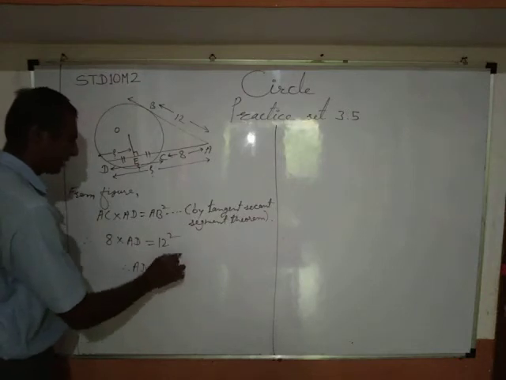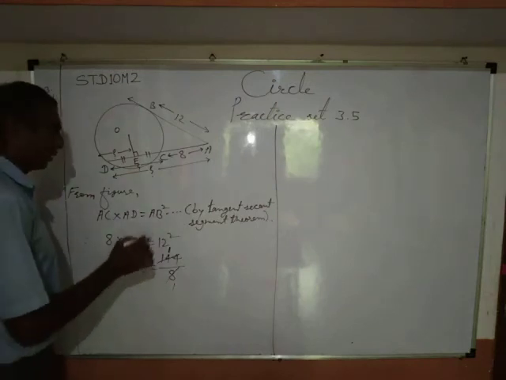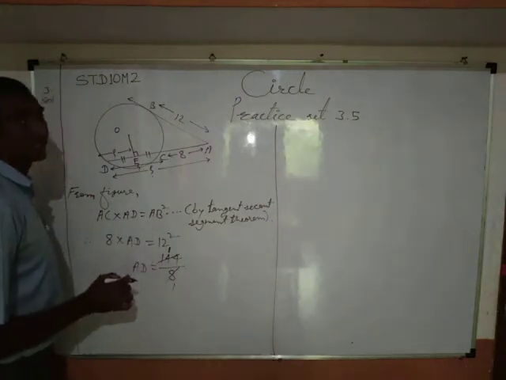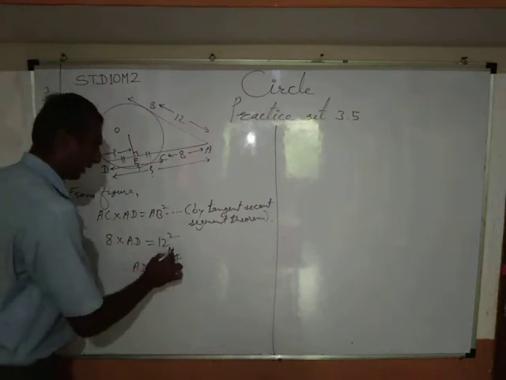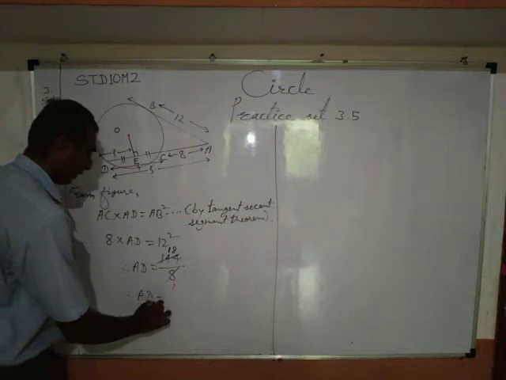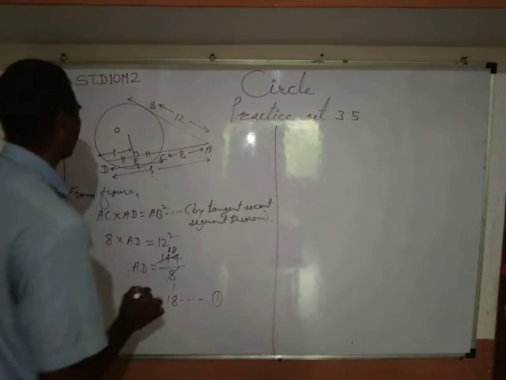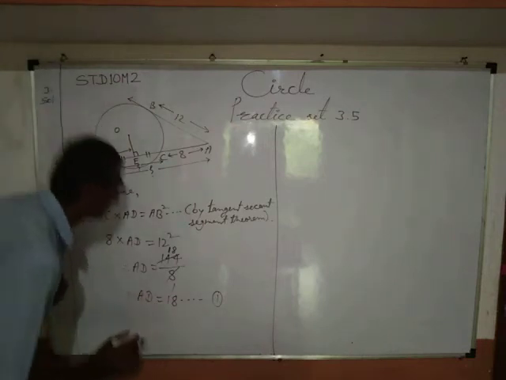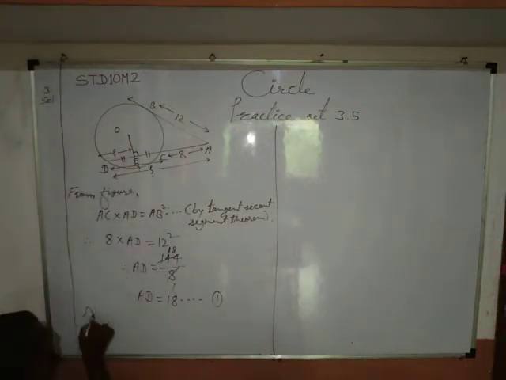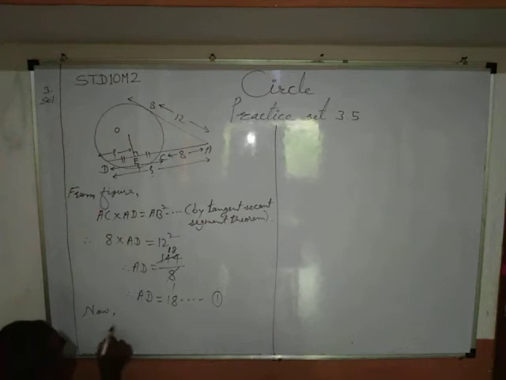Then 8 ones are 8, 8 ones are 8. Remainder would be 6, and on putting 4 down next to 6 we get 64. 8 8s are 64, and therefore AD equals 18. Let's call it equation 1. Now AD is made up of AC and CD.